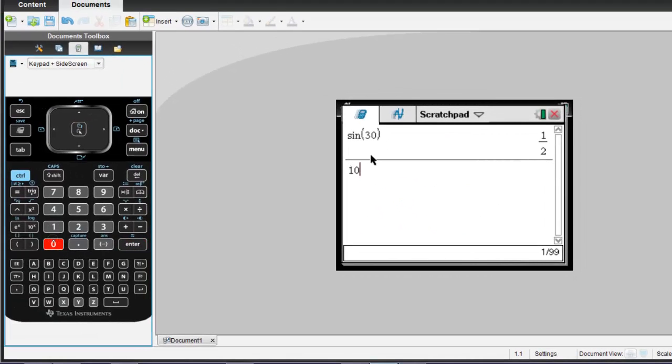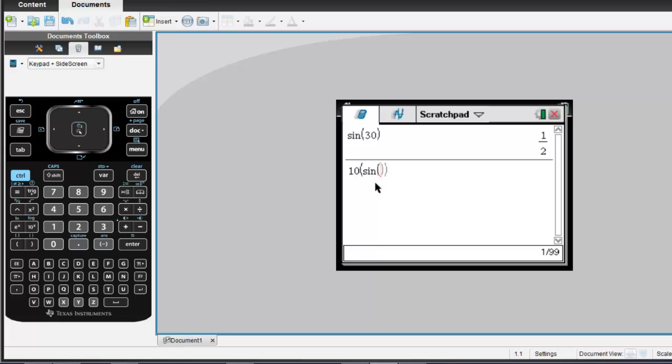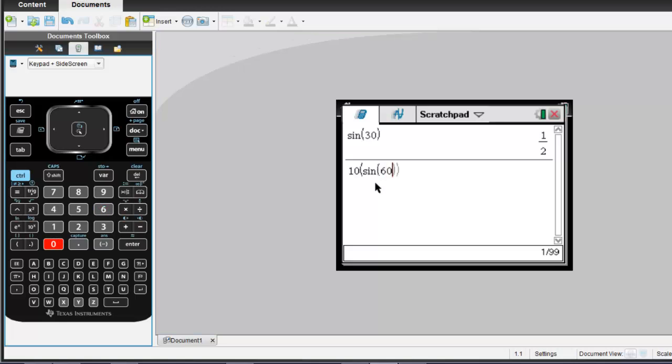I do 10, then open parentheses, hit trig, and do sine of 60 degrees, and close both of those off. I get 5 times the square root of 3. What will probably happen for you is you should get a straight decimal. That's the difference between my software and yours. So hopefully that came out to be 8.66 for you.